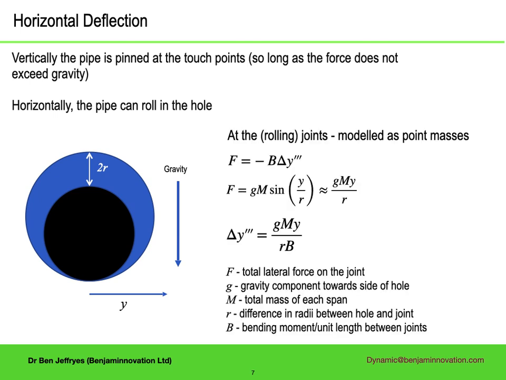All the gravitational load of the span is borne at the joints, and this results in a point force, which corresponds to a step change in the third derivative of the deflection. The restoring force is proportional to the sine of the normalized deflection, which we can linearize, giving a step change in the third derivative of the deflection proportional to the deflection.